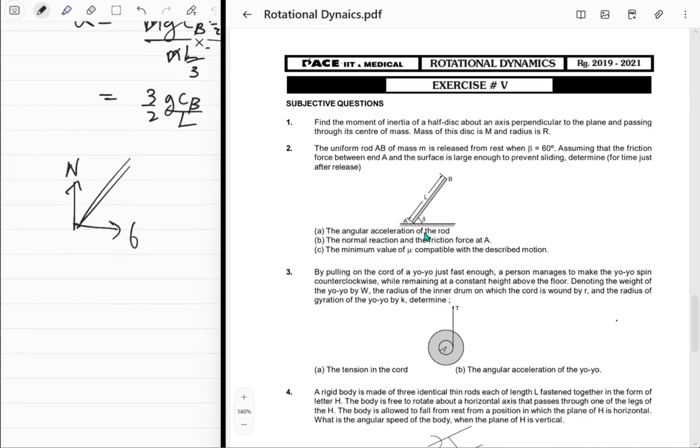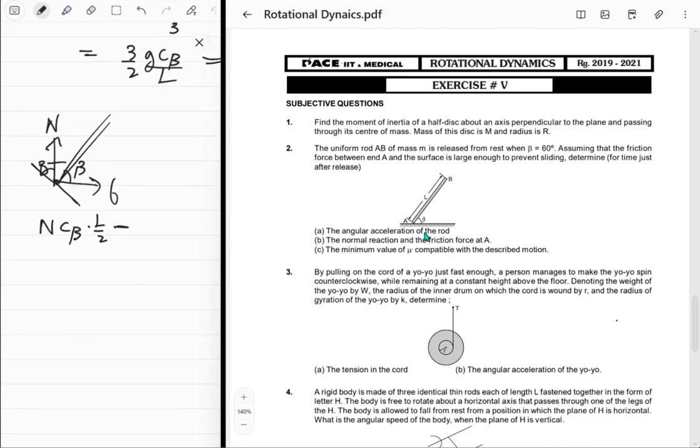Okay, and the torque because of these things. So this is beta over here, that's going to be 90 minus beta. We want it to go anti-clockwise, so friction is opposing that motion. So it's going to be N times cosine beta, because this angle is 90 minus beta, times L upon 2, minus F sine beta L upon 2.